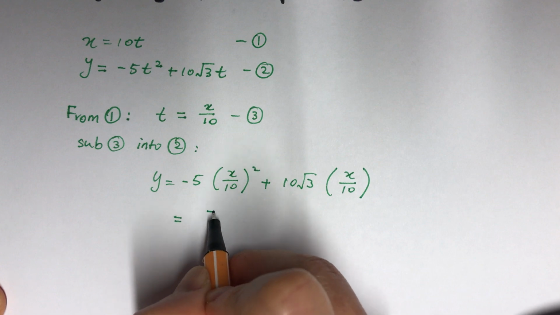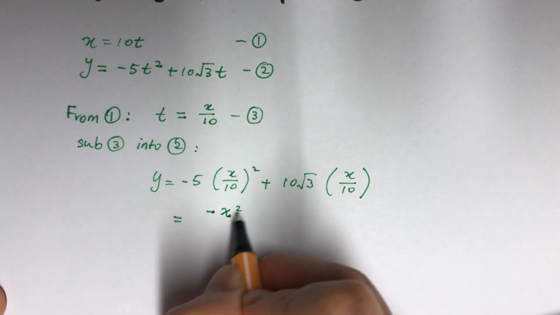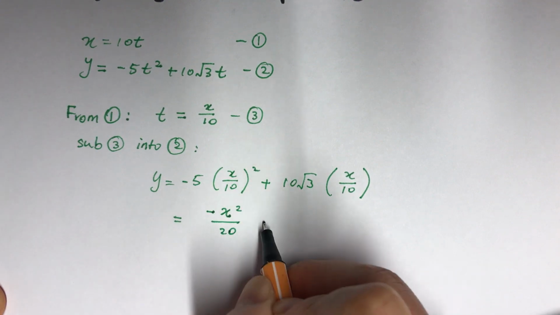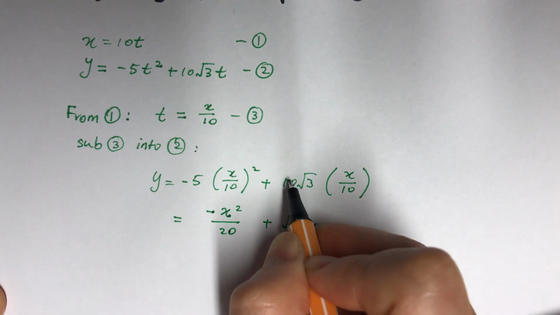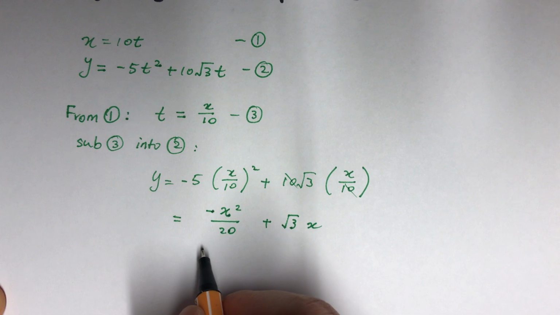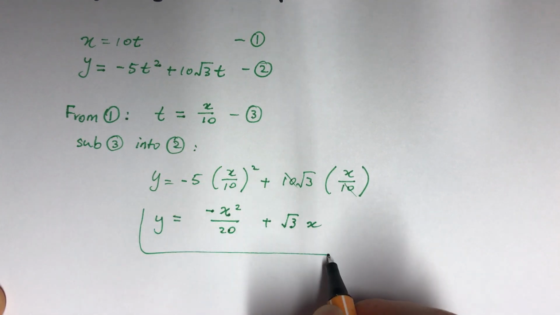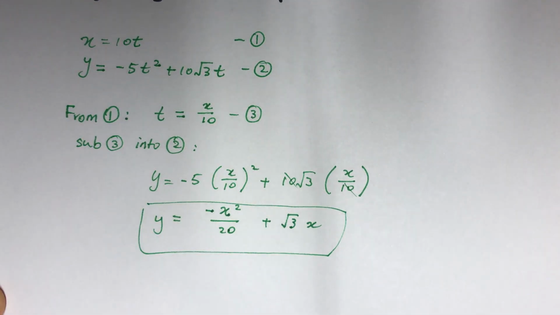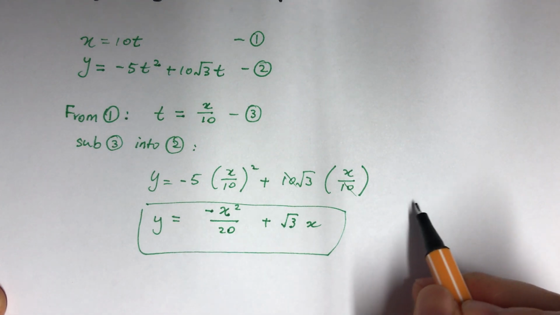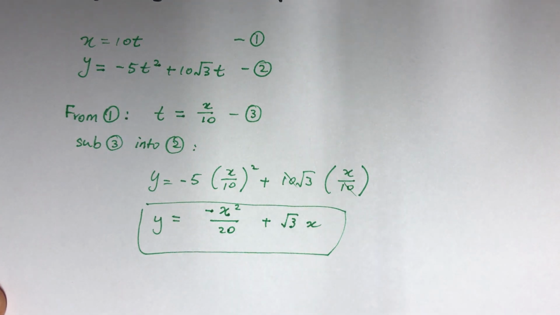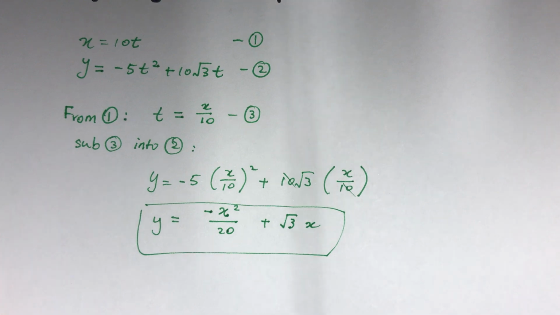So that means y equals minus x squared over 20 plus root 3 x. Cancel that out. Okay, so my projectile motion equation is the concave down parabola. All right, well done.